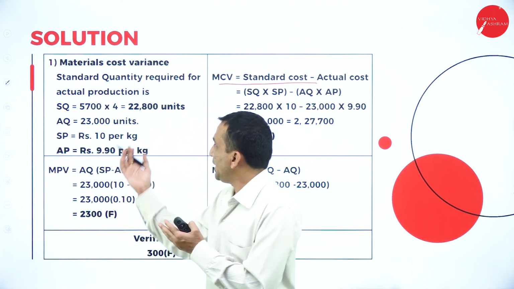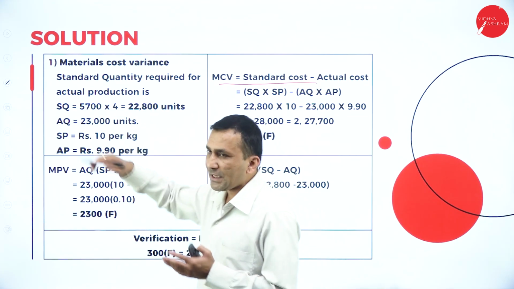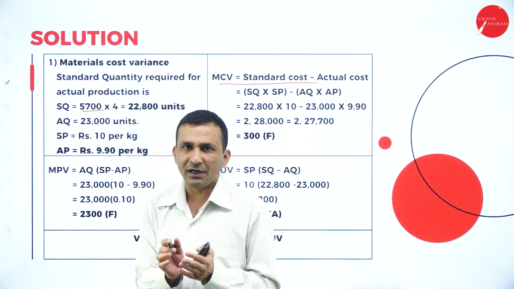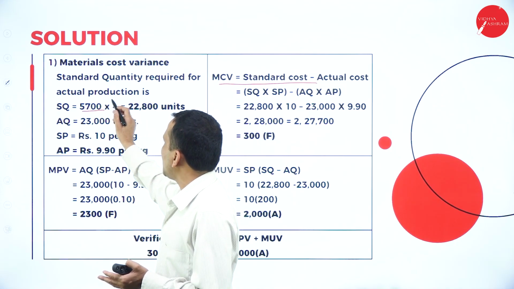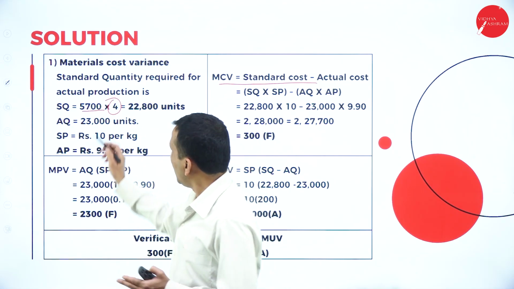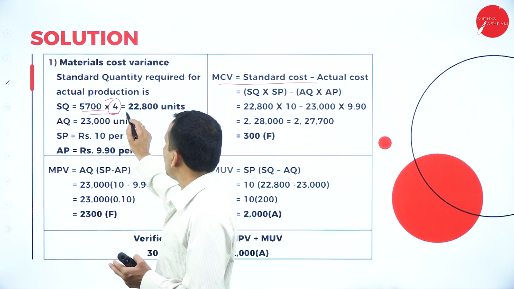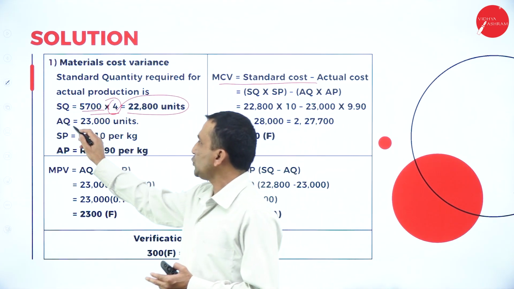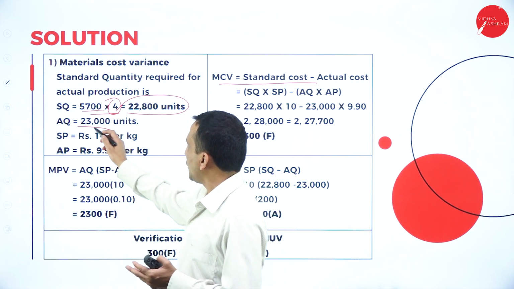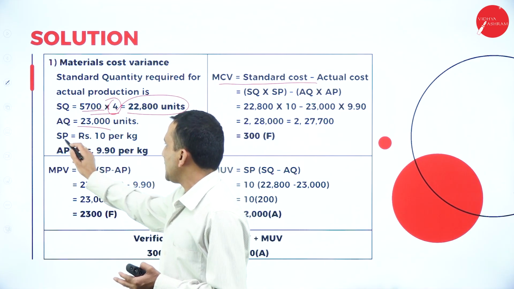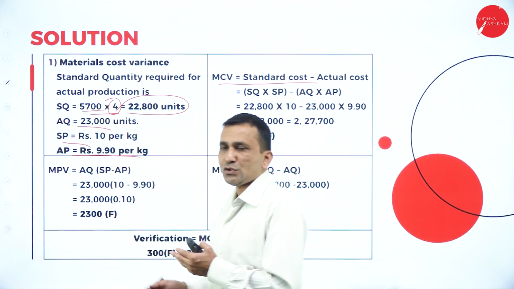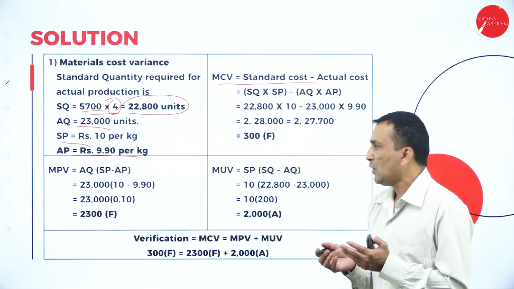With the help of the data in the question, because we are producing 5,700 units, the consumption of material for producing one product is 4 kg. If you multiply, the standard quantity is 22,800 kg. The actual quantity given in the question is 23,000 kg. The standard price is 10 rupees, and the actual price is 9.90 per kg.